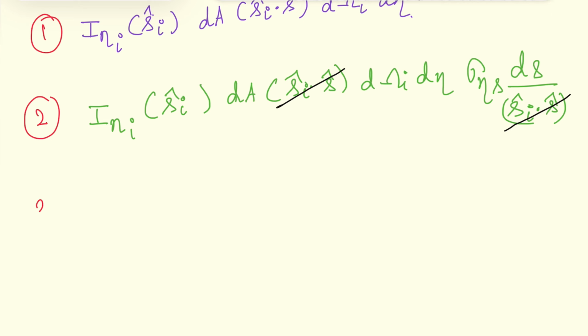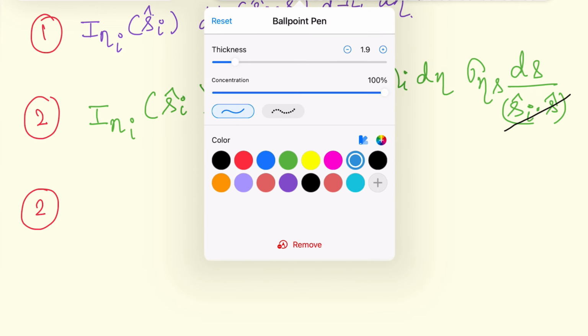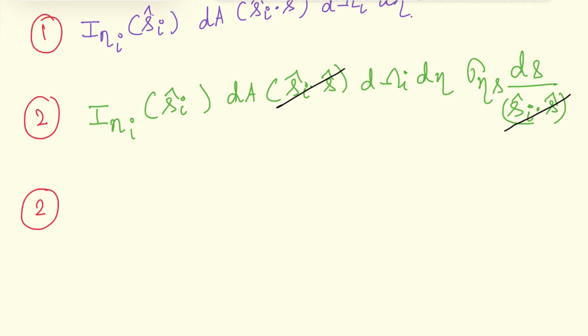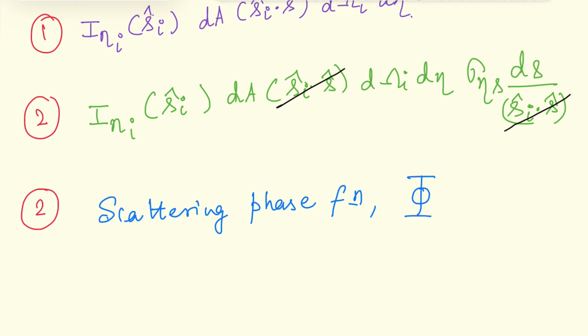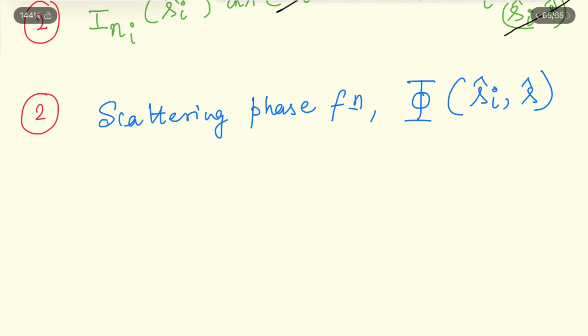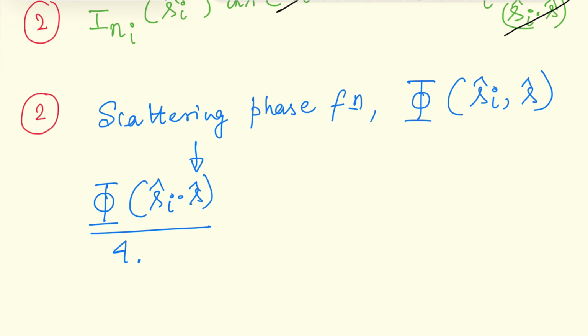So here I will be defining something called the scattering phase function, that is phi, and this is a function of SI and S. It is defined by phi divided by 4 pi.